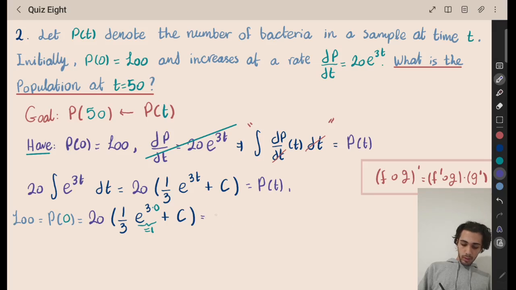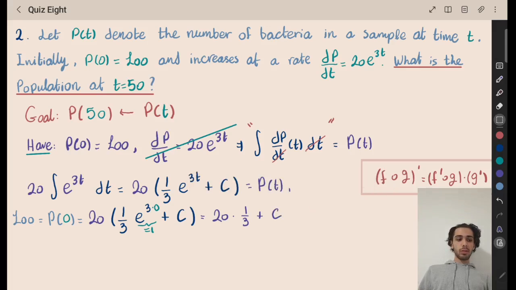So you get that 20 times 1/3 plus 20 times c. I mean, 20 times a constant is just a constant, right?